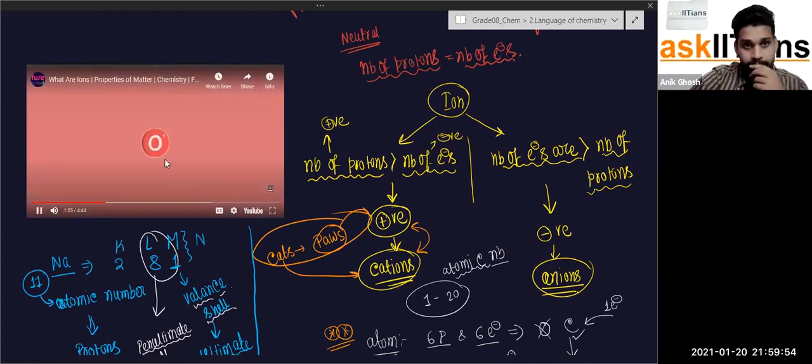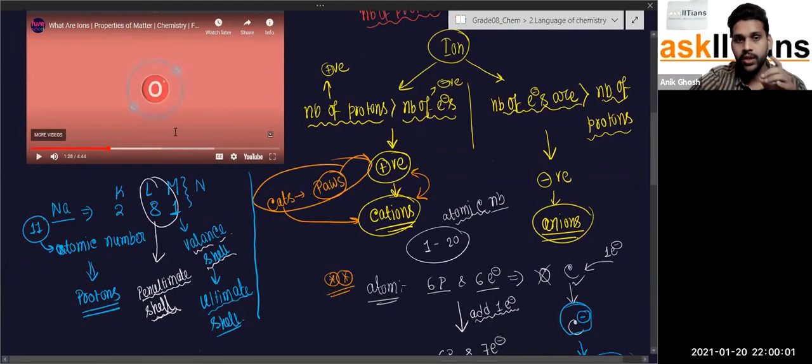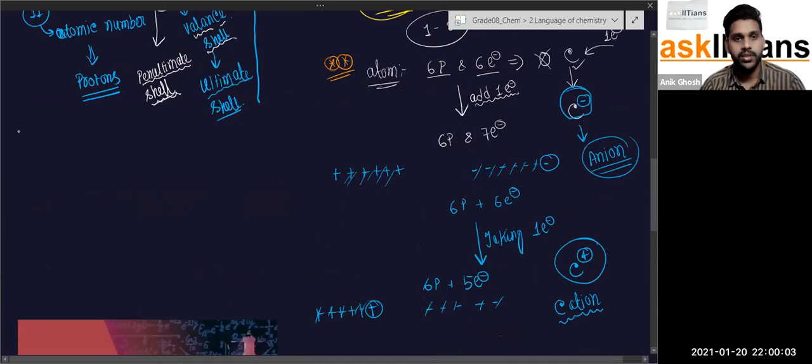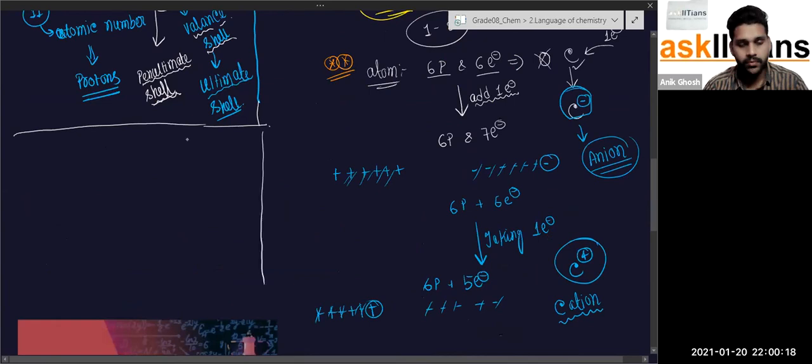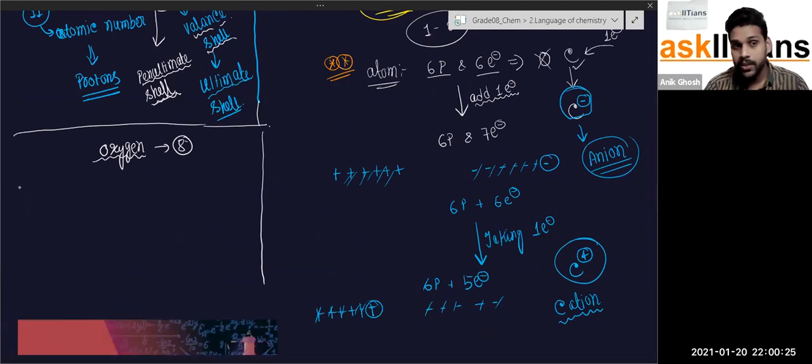So now the second example is oxygen. Before watching this, tell me, what is the electronic configuration of oxygen? What is the atomic number of oxygen? The atomic number of oxygen is 8, right? Now, if 8 is the atomic number of oxygen, tell me what can be the electronic configuration.